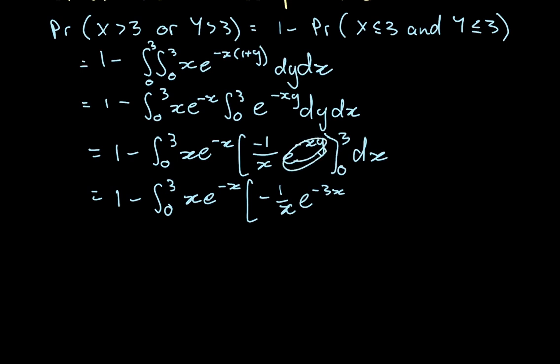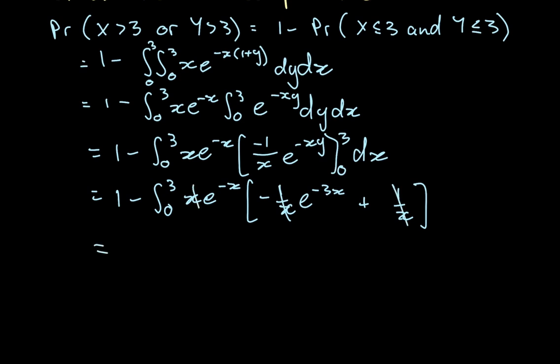That's just e to the negative x times 0, which is e to the 0, which is 1. Okay, so minus 1 times negative 1 over x, so it's minus 1 over x, and those two negatives become a positive.